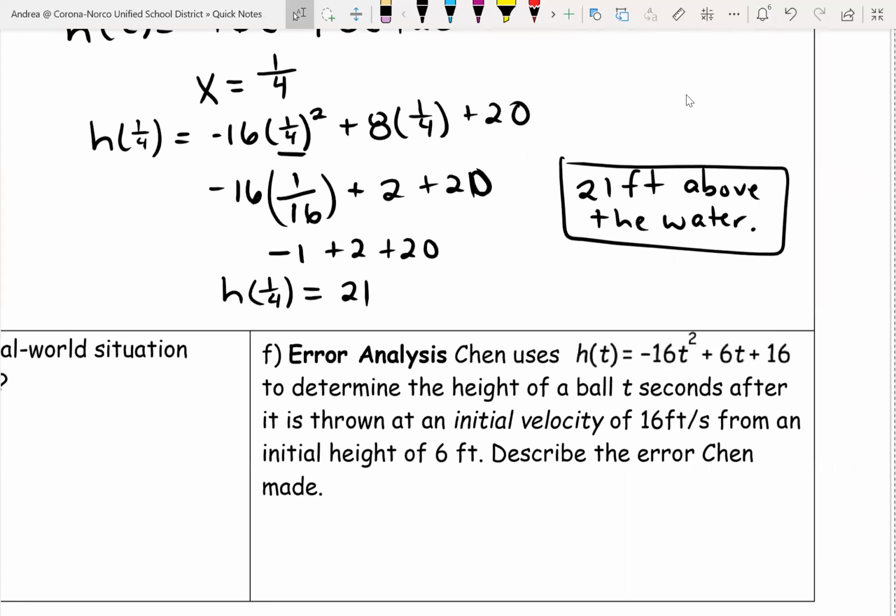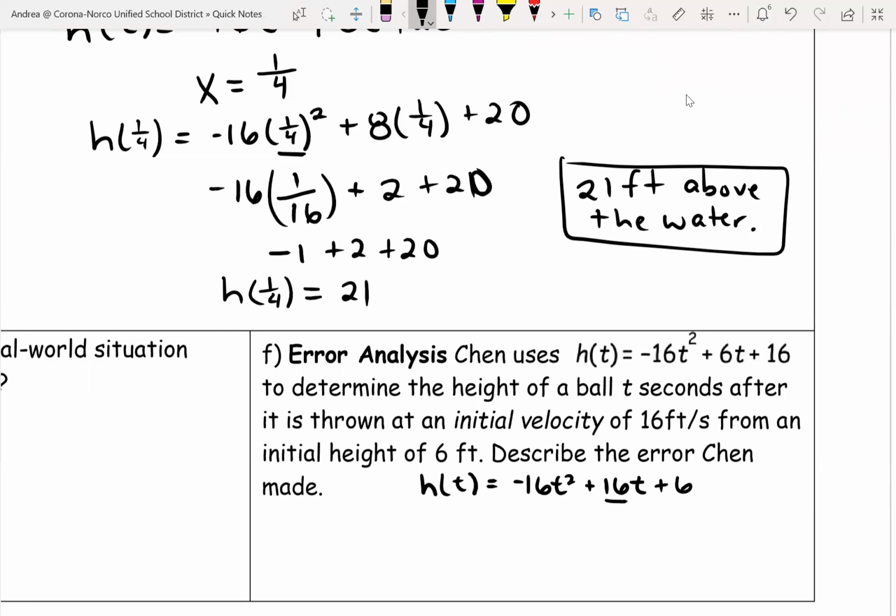Okay, could someone come up with the error? What happened here? Very good. They switched the two numbers. To determine the height of the ball seconds after it's thrown at the initial velocity of 16, it should be h of t equals negative 16t squared plus 16t plus 6.